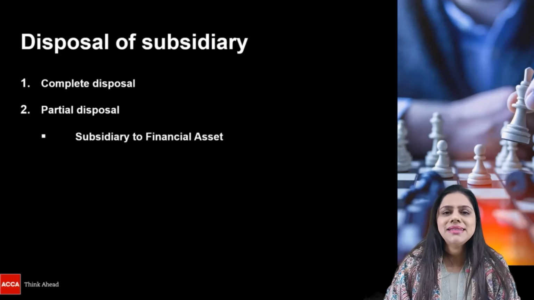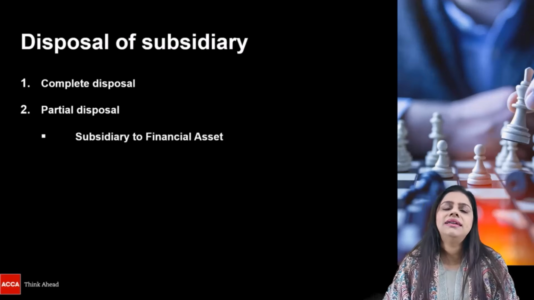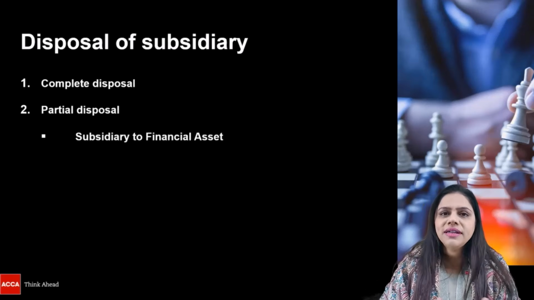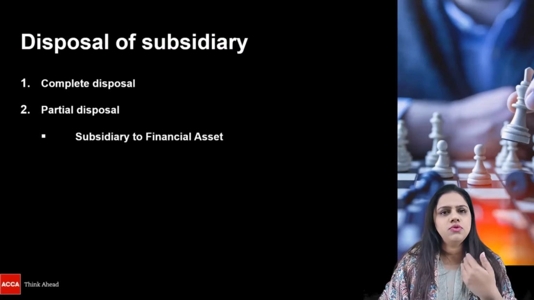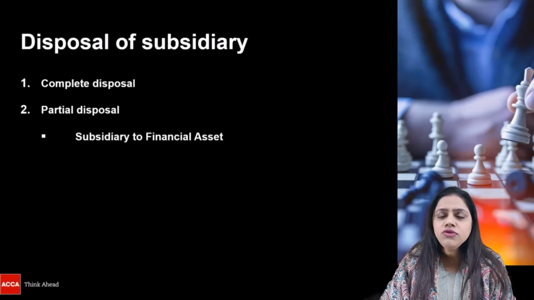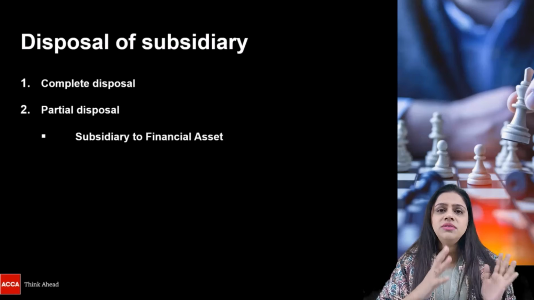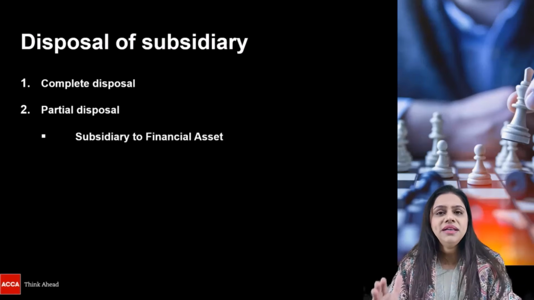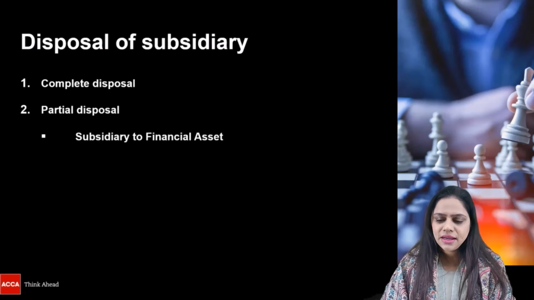The first case is that previously you had a subsidiary, so you had control over a company. You had, let's suppose, 80% investment in it. Now you have sold off 70% of that part, and now you are down to 10% of your investment. That is called a movement from subsidiary to being a financial asset, right?